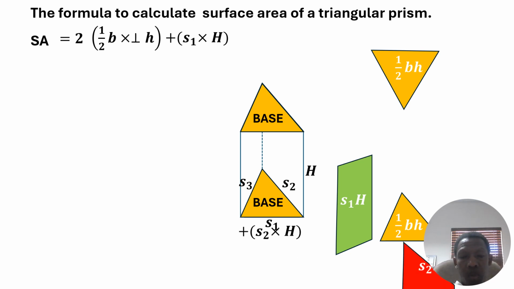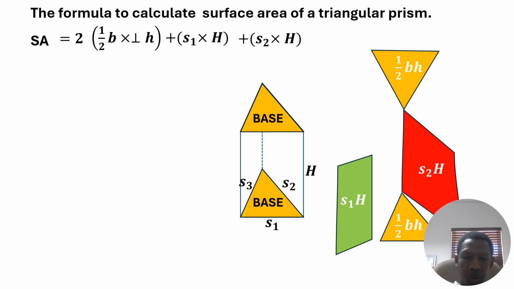And then we also have to look into the next rectangle. It is achieved when side 2 of the triangle is multiplied by the height of the prism to get the area of the second rectangle.